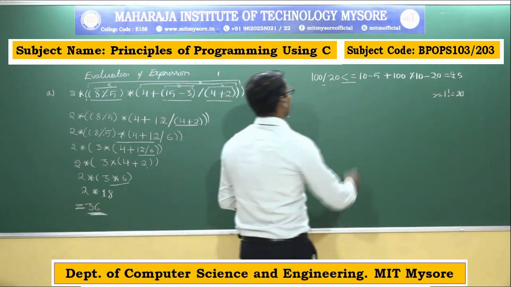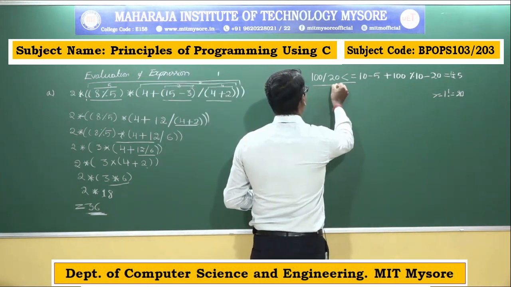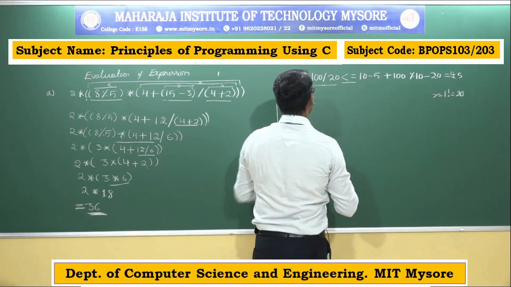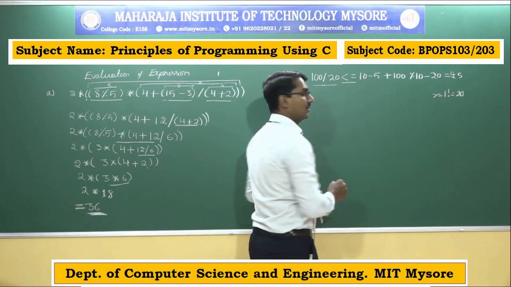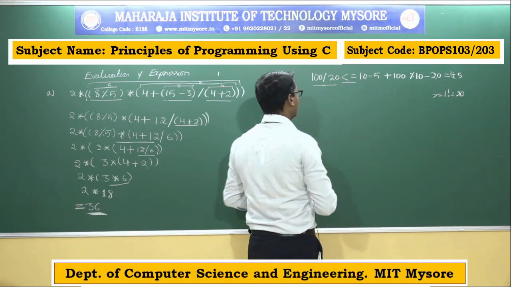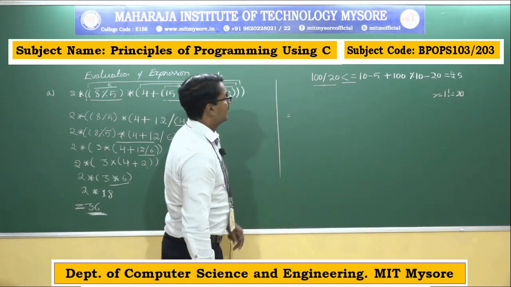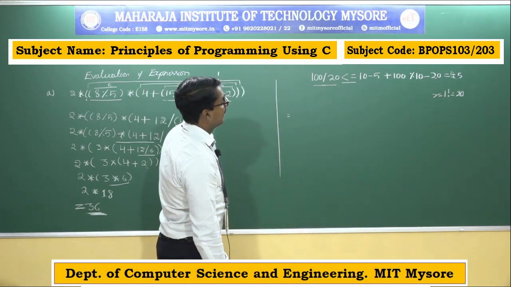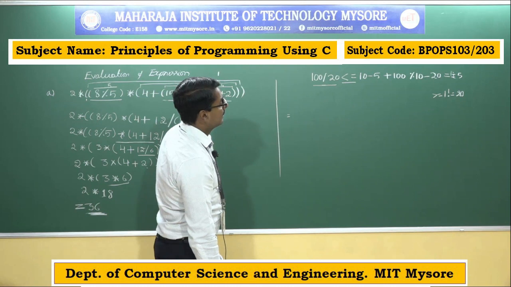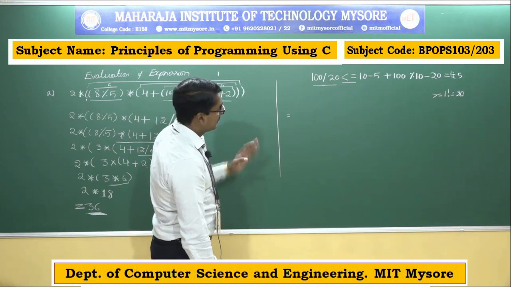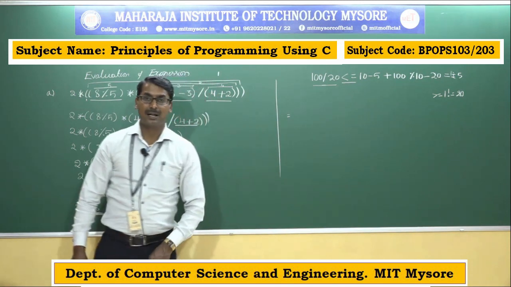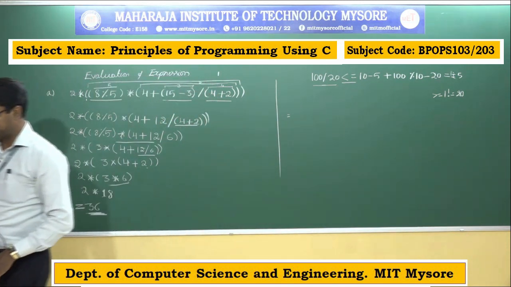So in this expression the highest precedence is for 100 divided by 20. The next preference is 100 modulus 10, then addition and subtraction, and then the relational operation evaluation.